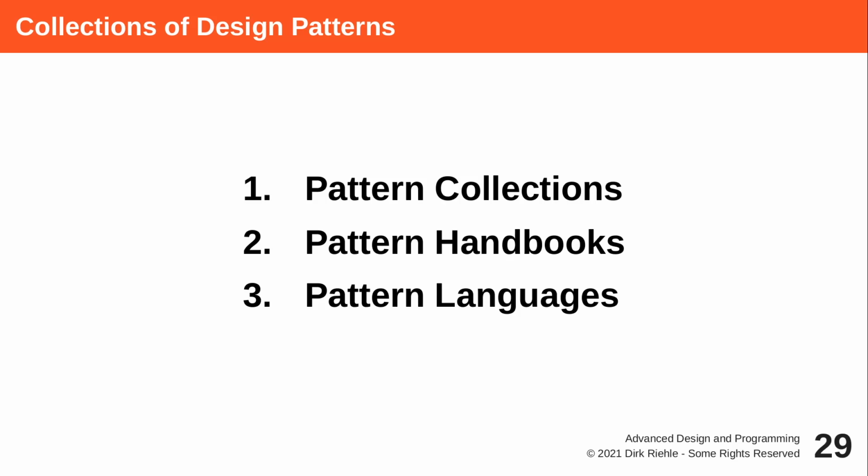And pattern languages, as also mentioned in the beginning, try to give you a whole full-blown vocabulary for speaking about designs, by using the terminology from the patterns in your language as you design a system.